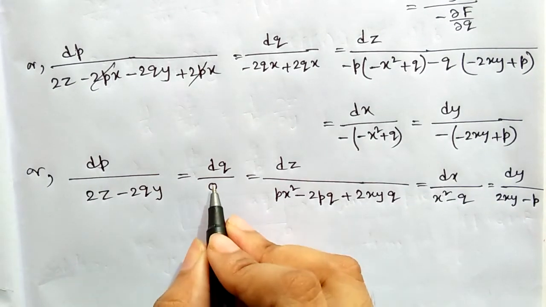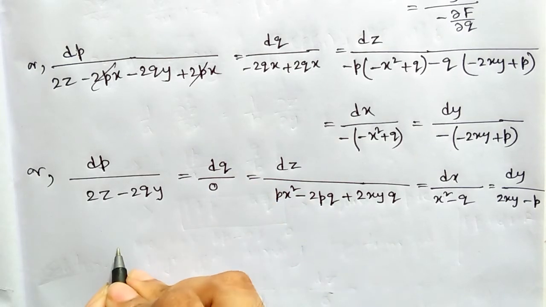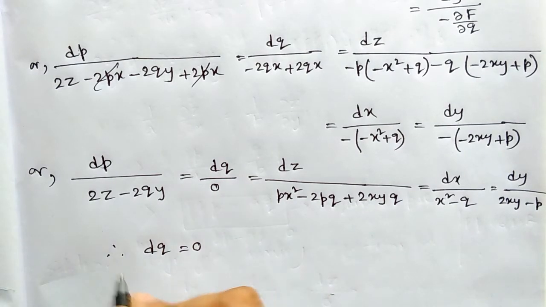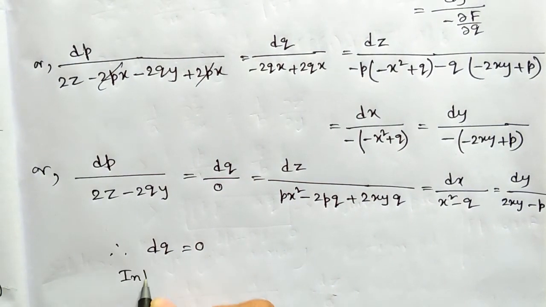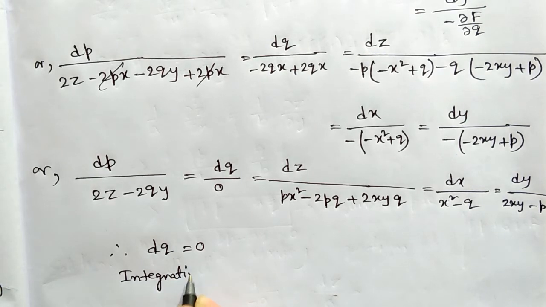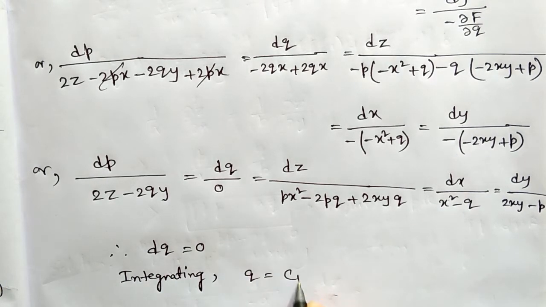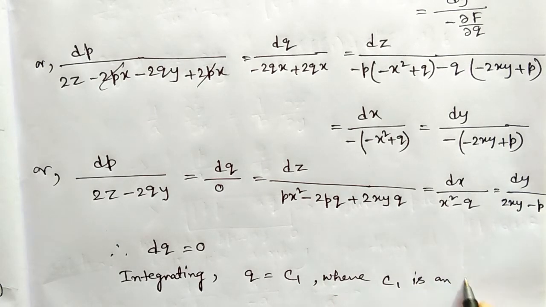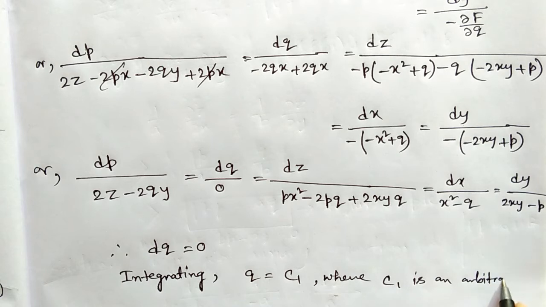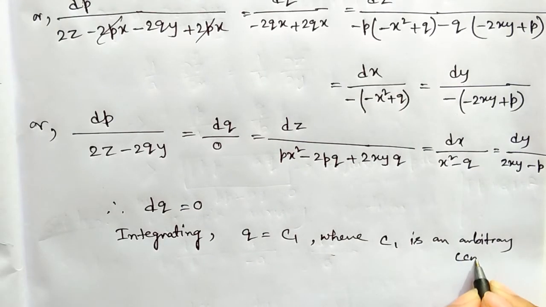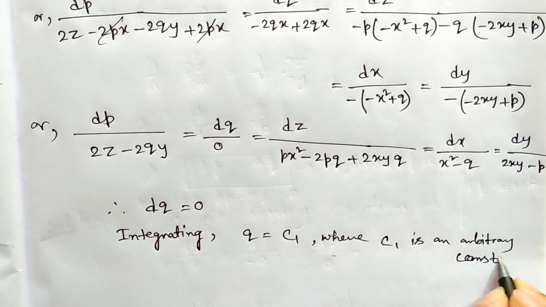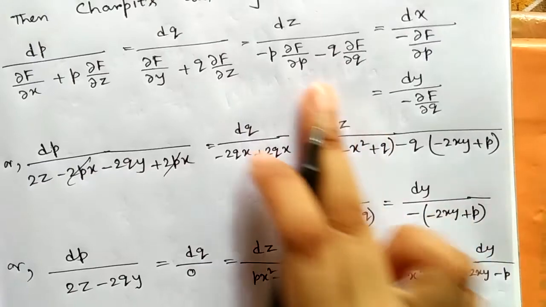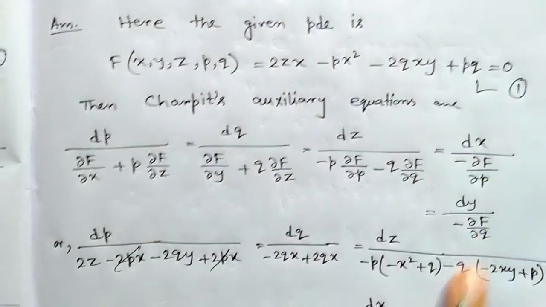Then from this ratio we can write dq equal to 0. Therefore dq equal to 0. So integrating, we get q equal to c1, where c1 is an arbitrary constant. Next, we have to put this value in the given PDE, equation 1.